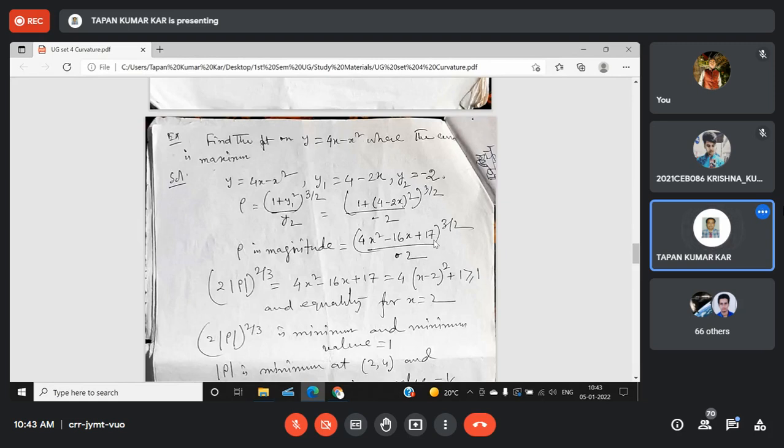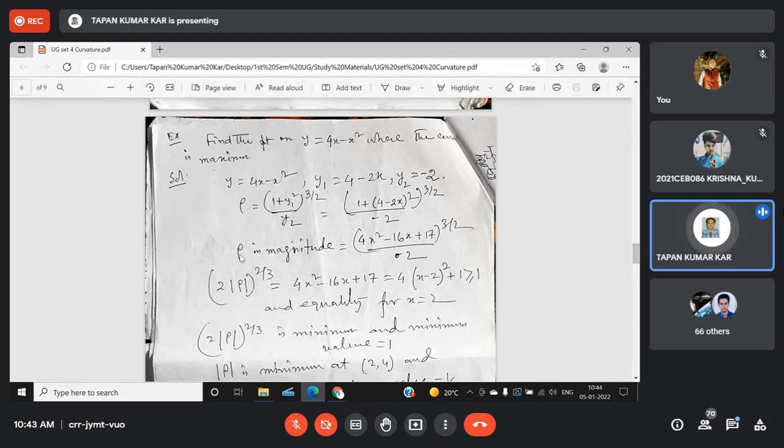Okay. So rho is always positive. So we need to calculate its maximum value or minimum value. It is written in this way. Look at this: 2 into rho whole to the power 2 by 3, because here it is 3 by 2.